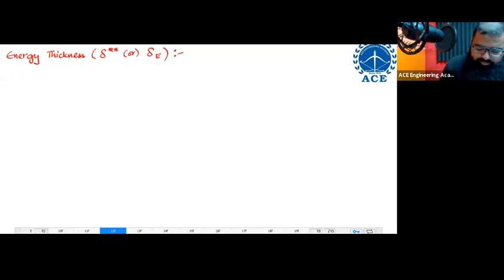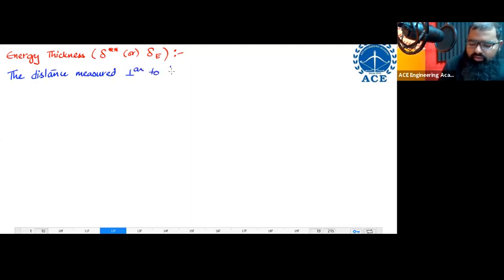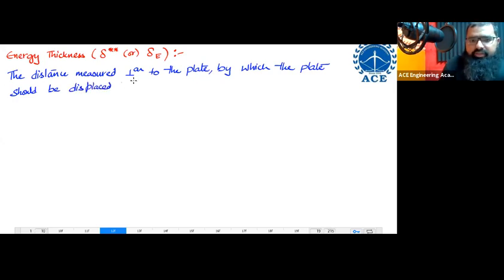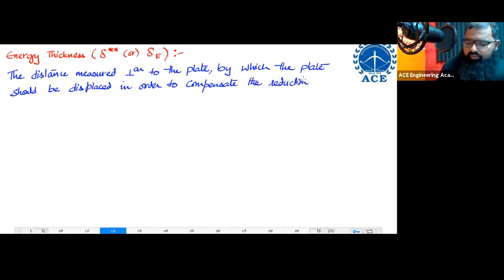So this over here is the distance measured perpendicular to the plate by which the plate should be displaced in order to compensate the reduction in energy flux taking place inside the boundary layer.